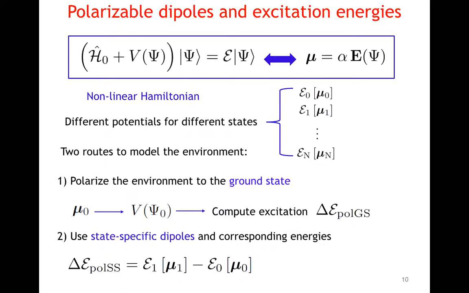If we use this equation to compute an excitation energy, we recover the so-called differential polarization effects that have a big role when the electronic distribution of the excited state is significantly different from the electronic distribution of the ground state.